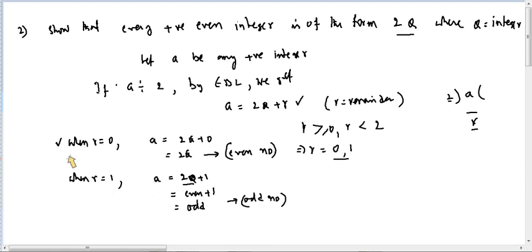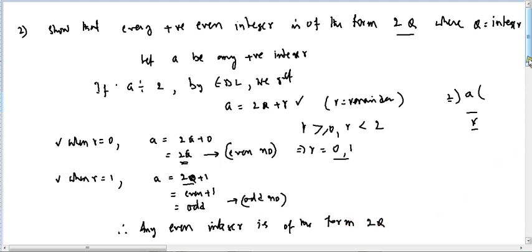For both the values, r equal to 0 and r equal to 1, only in one case we are getting an even number, and that too is in the form of 2q. So therefore, any even integer is in the form 2q. That means 2q is always an even integer.